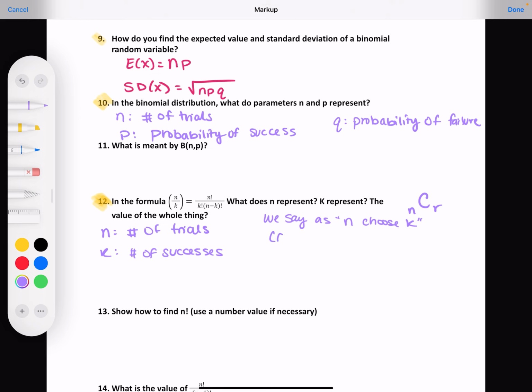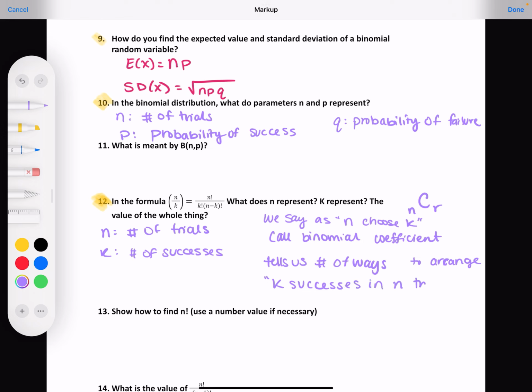It's called a binomial coefficient. And this specifically tells us the number of ways to arrange K successes in N trials.